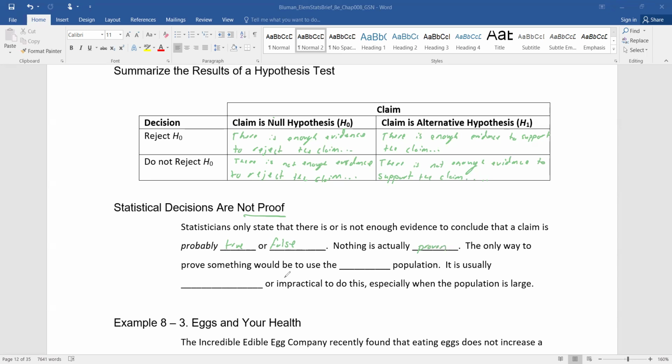The only way to prove something would be to use the entire population. It is usually impossible or impractical to do this, especially when the population might be the entire country or large enough.